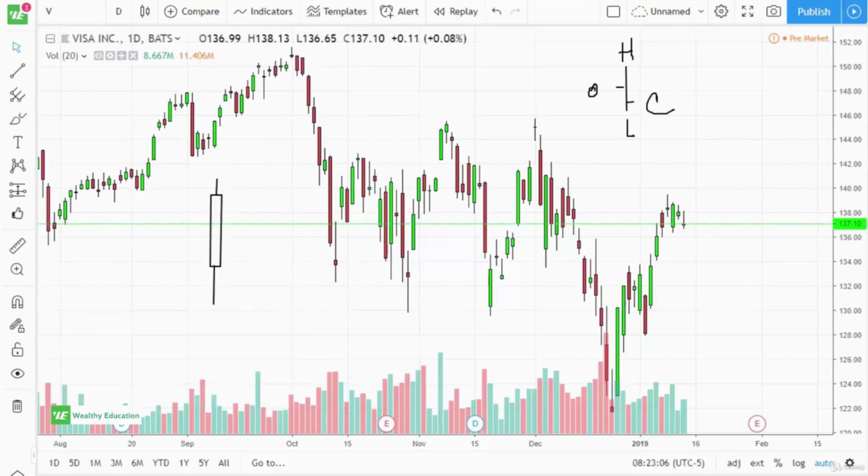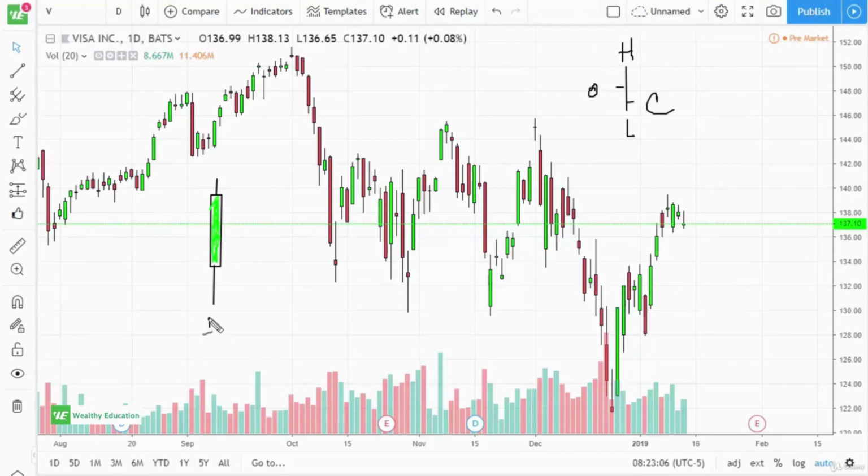So, in this case, let me go ahead and color this. Let's say it's green. So we already know that it's a positive candlestick. The price has risen during this candlestick. This candlestick in this case happens to be on the daily chart, so we can take information from that.